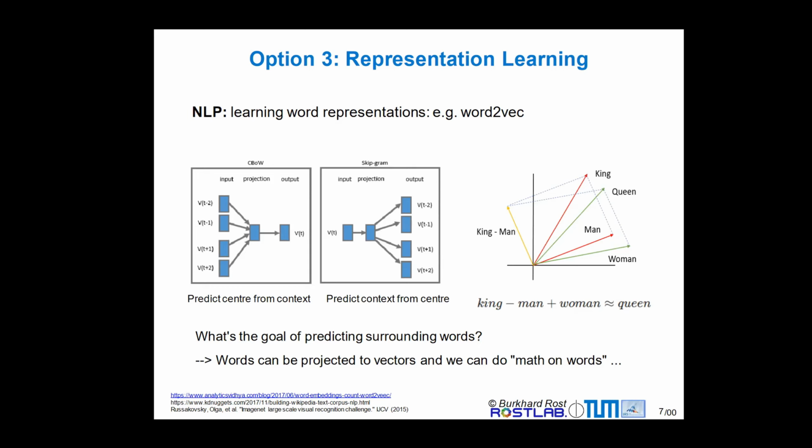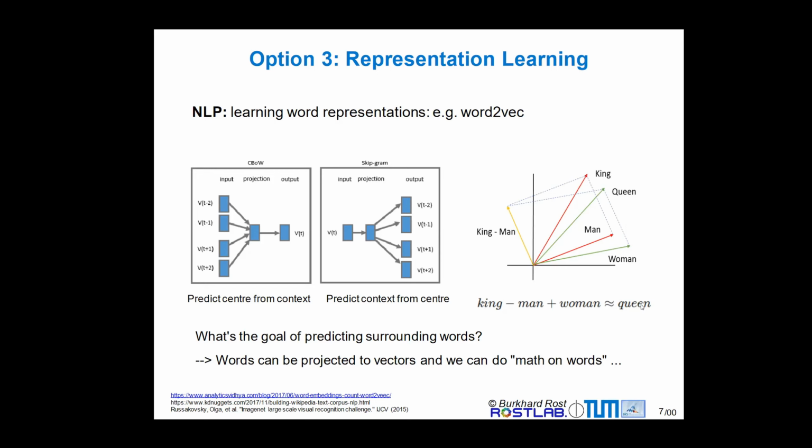If we have a vector representation, we can essentially do math on words. So this is one of the very famous examples from natural language processing. You take the vector representation of the word king, the vector representation of the word man, and the vector representation of the word woman. You subtract man from king, you add woman, and then you check for this new vector representation what is the word that is closest to it.